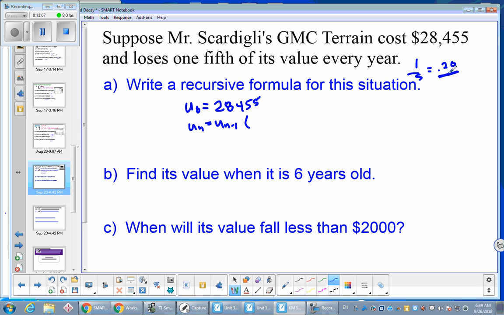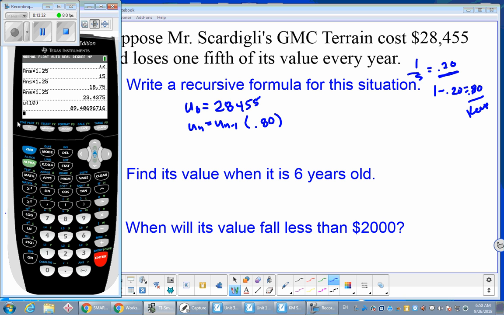If he's losing 20%, he is keeping 80% of his value. So his common ratio is actually going to be 0.80. Okay? Because again, if he's losing 20, he's keeping 80. This is what he's keeping. That's what we want to multiply by because we want to know what the value is. We don't want to know how much it lost.